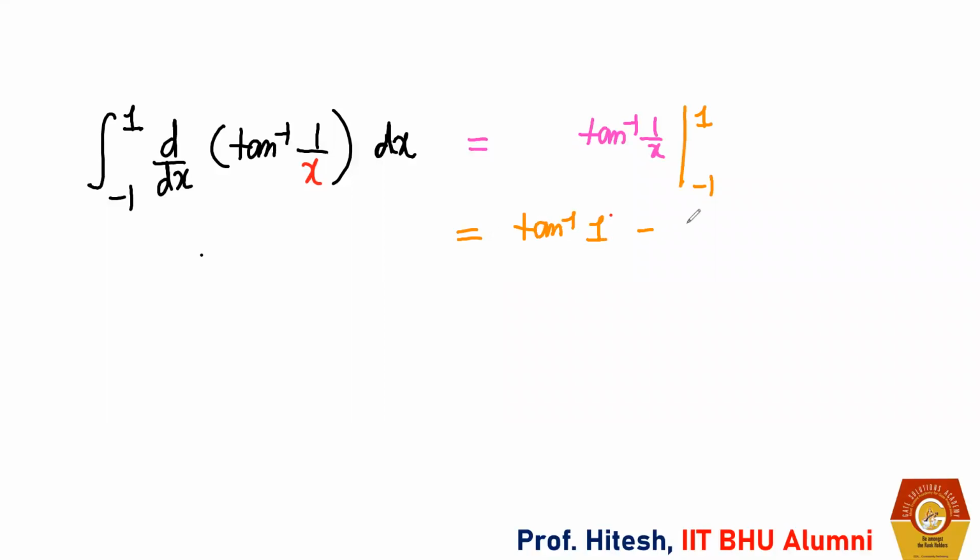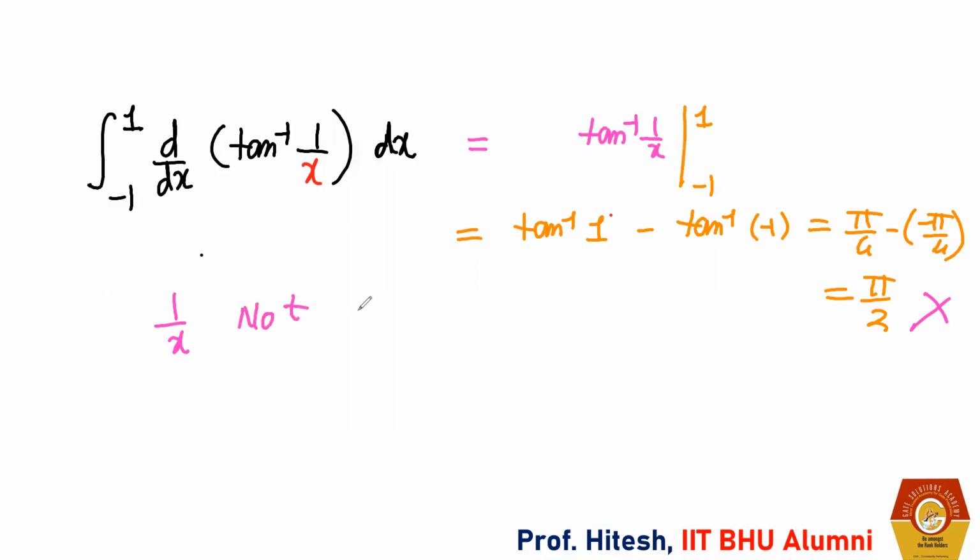So tan inverse 1 minus tan inverse minus 1. So pi by 4 minus minus pi by 4, answer will be pi upon 2. Okay, so this is the wrong method. This will give you a wrong answer. Why will it be wrong? Because 1 upon x is not defined at x equal to 0. So how to solve it correctly and what will be the answer?